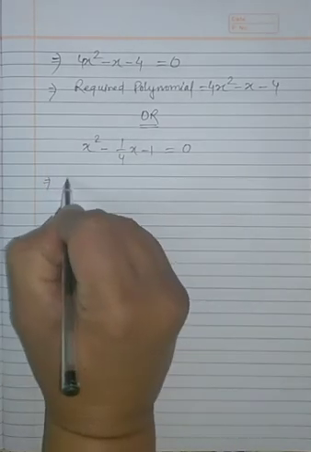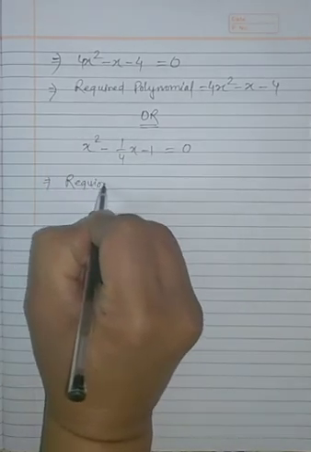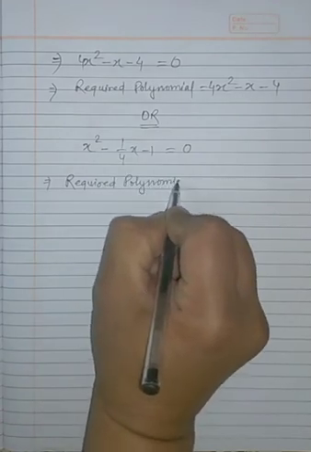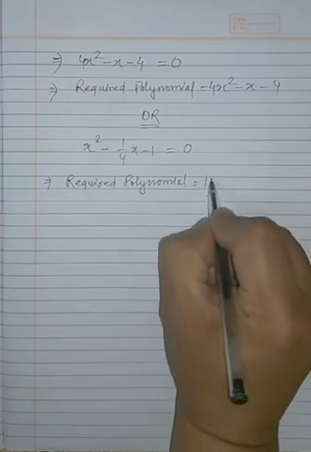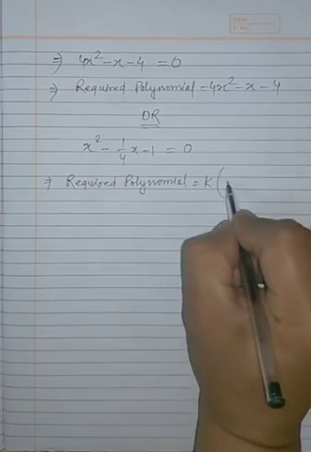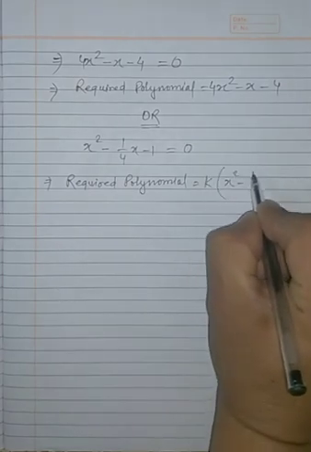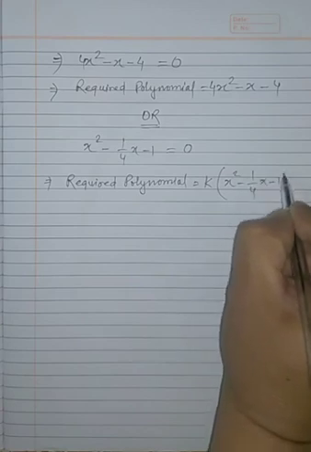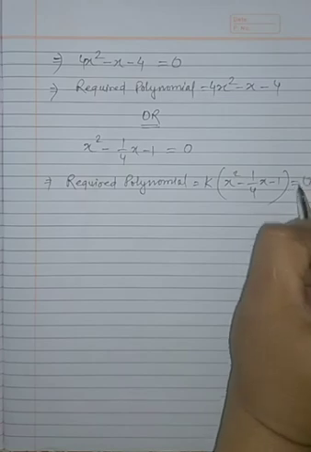That means the required polynomial is equal to k into x square minus 1 by 4 x minus 1.